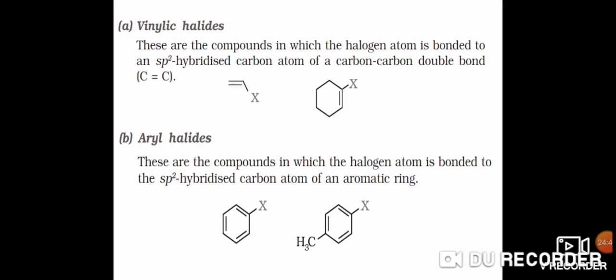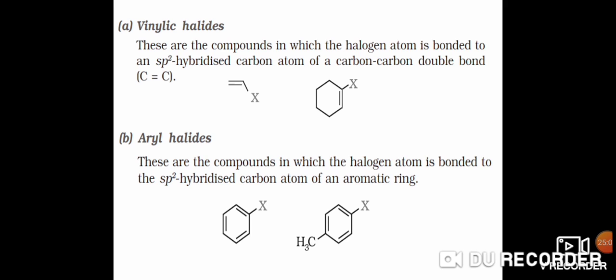First one is vinylic halides. So these are the compounds in which the halogen atom is bonded to an sp2 hybridized carbon atom. They are called vinylic. That means the halogen must be attached to the carbon which should be attached to the next carbon through a carbon-carbon double bond.